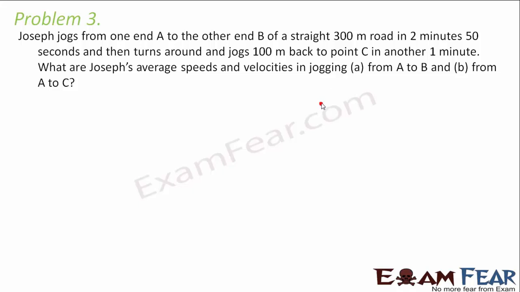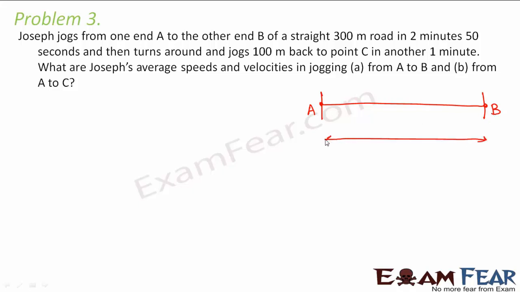Joseph starts from one end A. So let us say this is end A of a straight road which is 300 meters long and reaches the other end B. And the length of this entire road is 300 meters. So he covers this 300 meters in 2 minutes 50 seconds.